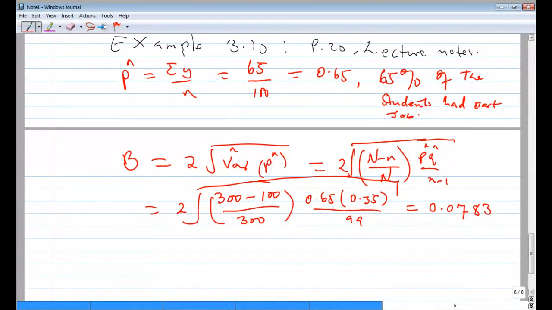We're estimating, we're not calculating the population proportion. So here in the bound, you have to use the one for the estimated population proportion. That is why we didn't use B equal to 2 times the square root of var of p hat, because that one is for the population proportion. Because there we estimated the population proportion, here we have to estimate the variance of that estimated population proportion.